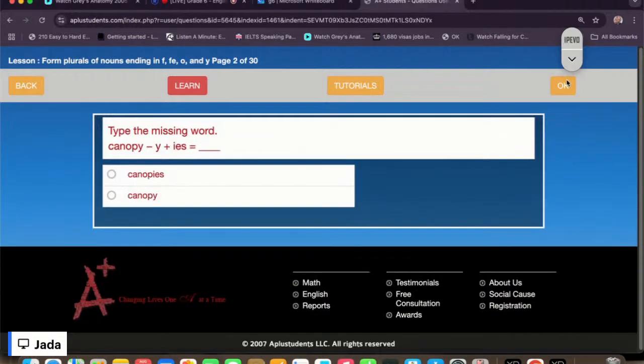So next up we have canopy, y plus ies. What do we have?